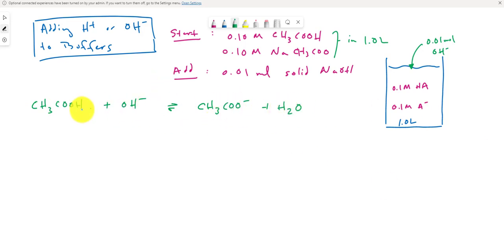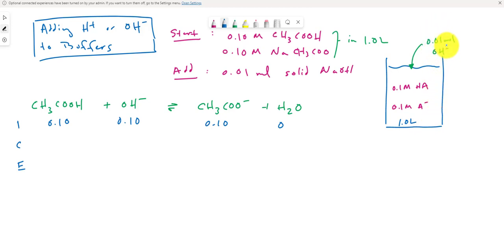And we can draft up an ICE table because we have some initial conditions and we have a change now. But the change, rather than just something being allowed to reach equilibrium on its own, we're actually adding something as the change. And so we can use the ICE table in the same way. So our initial condition looks like this. And by initial condition, I mean the moment we add the hydroxide, the perturbation to the system.